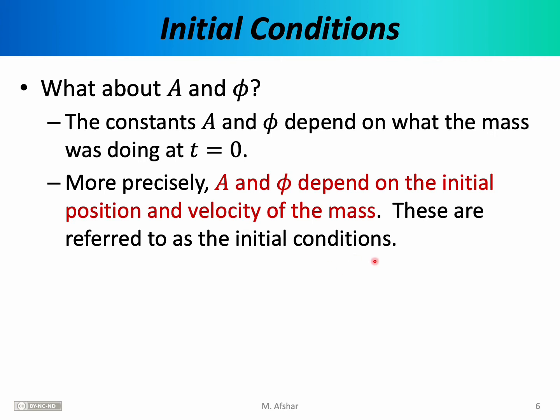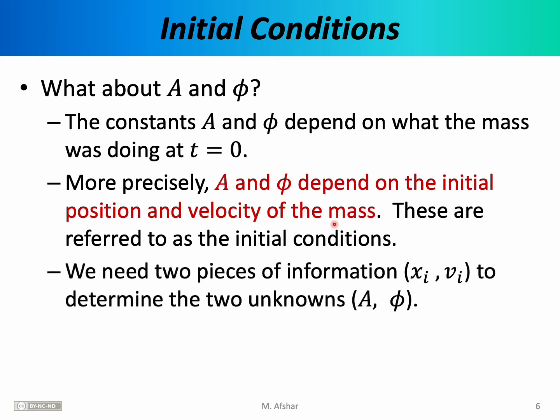By the initial conditions of the problem, we mean the initial position and initial velocity of the mass. So we need two pieces of information, x initial and v initial, if we want to determine the two unknowns A and phi. Once we know these initial conditions, we can figure out A and phi, and once we know what A and phi are, we have a nice, complete, precise solution to the differential equation for the mass spring system.